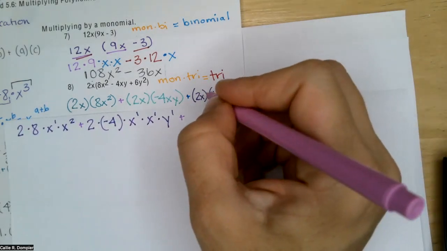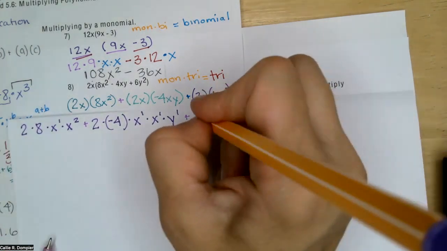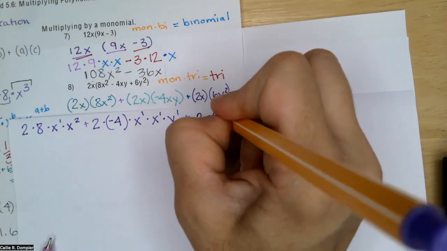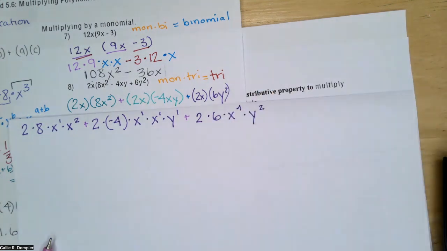Plus 2x times 6y squared would be 2 times 6 times x times y.